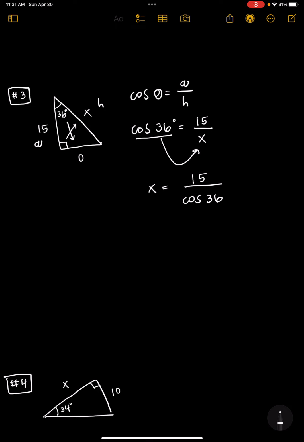But if you remember this, you can make two steps into one step. So you take the whole left side, or whatever it's equal to, and flip-flop it with the x so that it becomes x is equal to 15 divided by cosine of 36. And now let's plug it into a calculator, and I end up with 18.54. So x is equal to 18.54, and there's my answer.